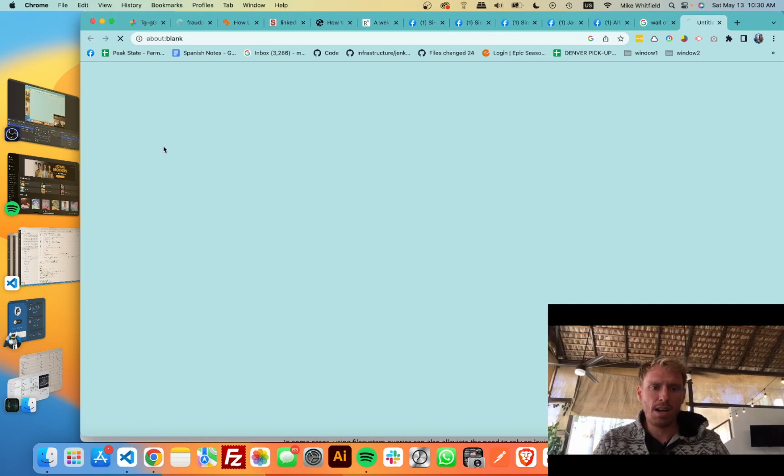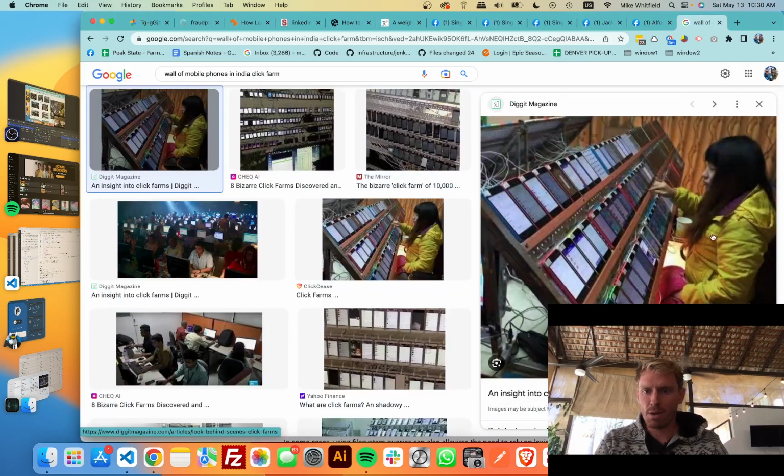People that will have a job to log in to a phone similar to this, which is just an absolutely insane concept. So that's one way that you could exploit a platform like Facebook, due to the way that Facebook technologically guards against fraud on its platform. Any kind of automated use of the platform is very strictly guarded against.